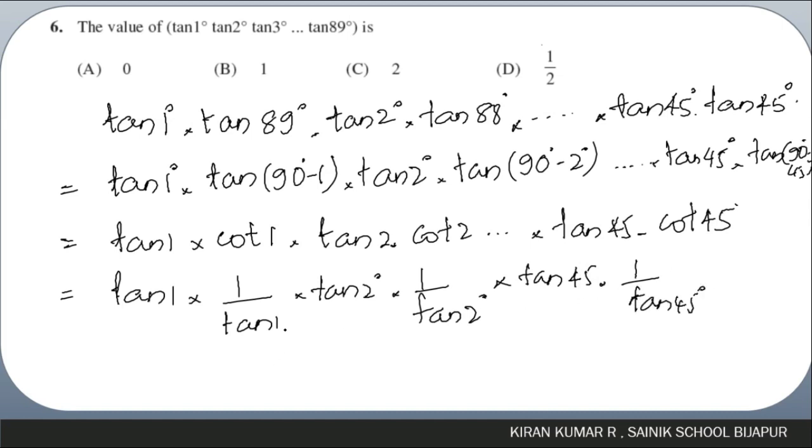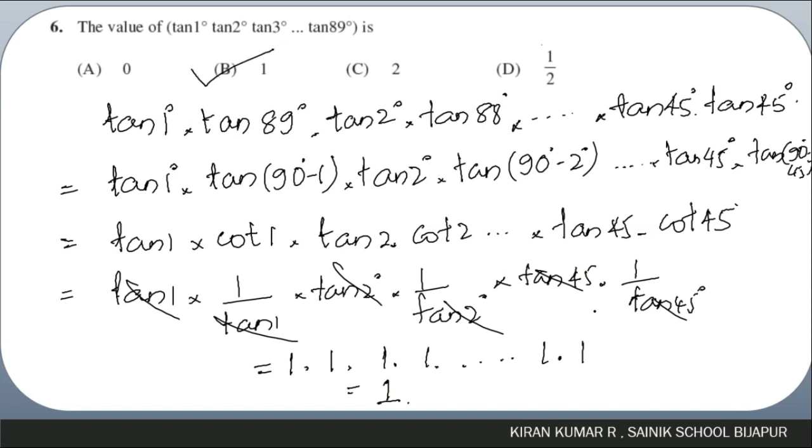Now you observe they all get cancelled and we get 1 multiplied by 1 multiplied by 1 and so on, multiplied by 1 into 1. We get the product as 1, which is there in option B. So option B is the right answer.